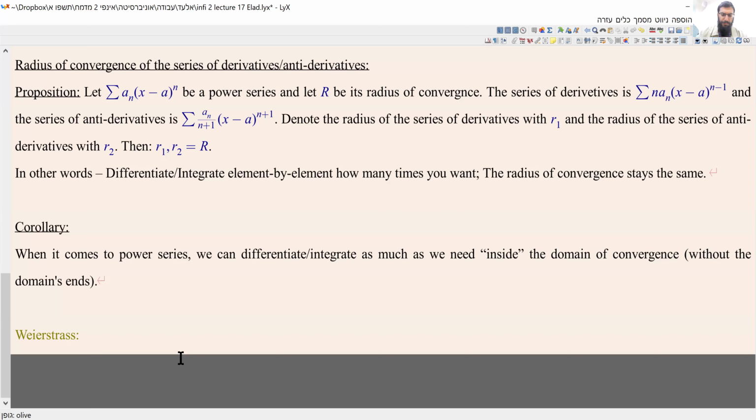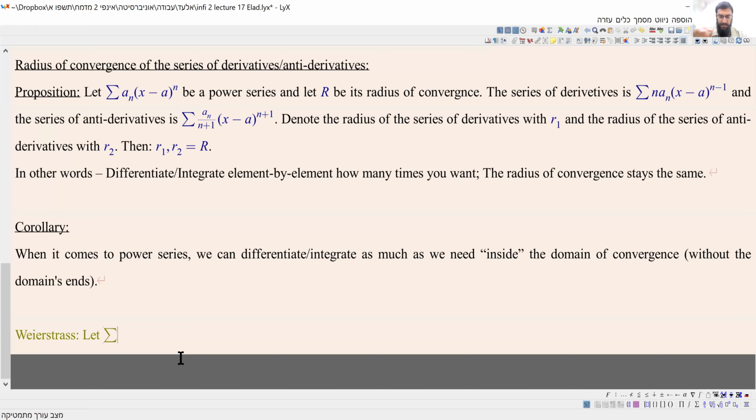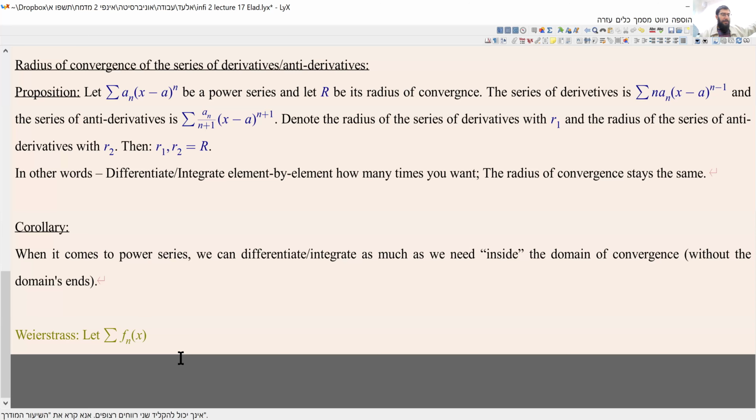Weierstrass. It's a general theorem. It's for every function series, not just power series. Let there be a series of functions.